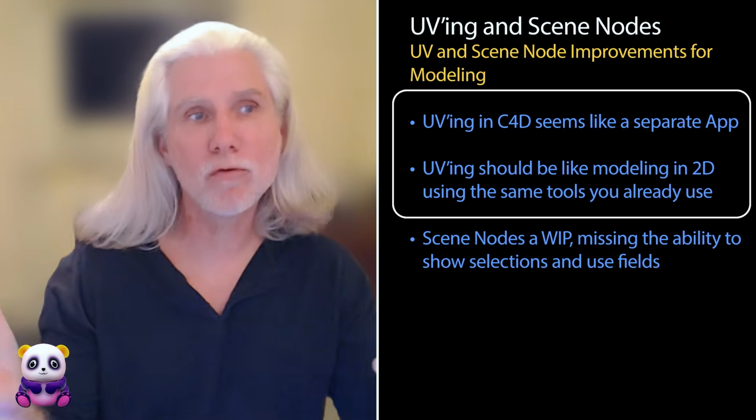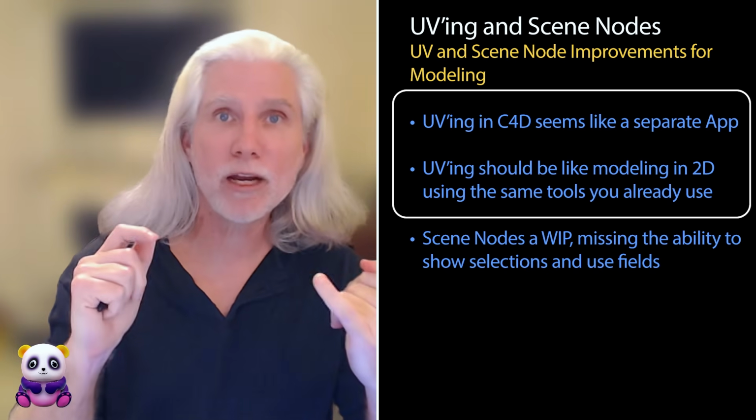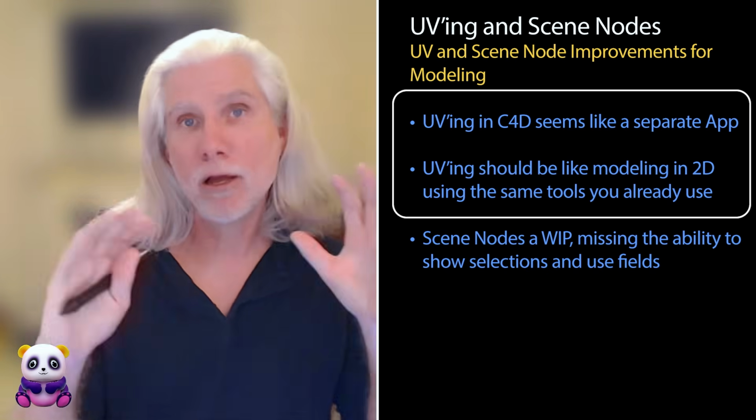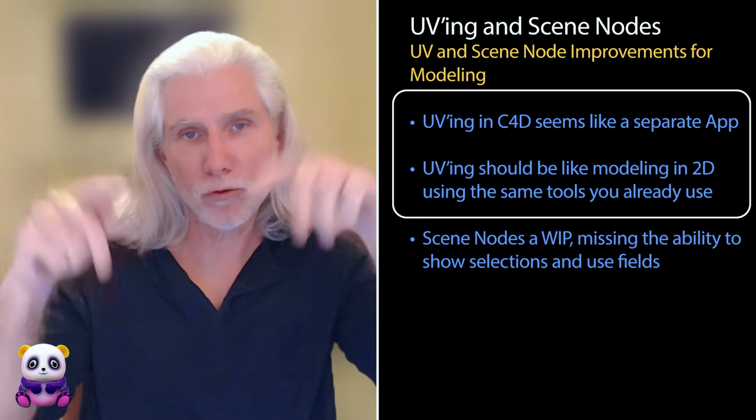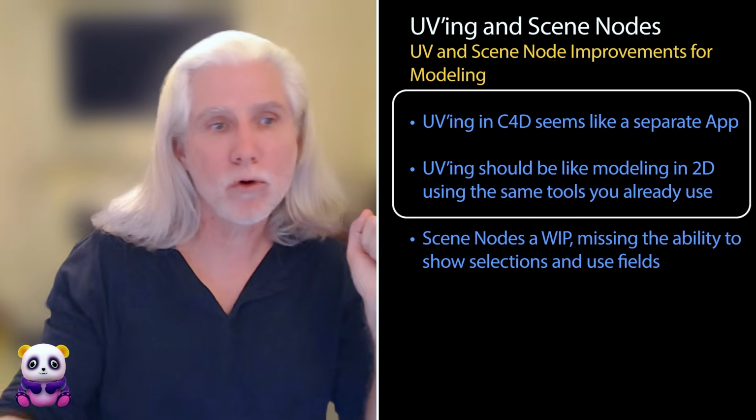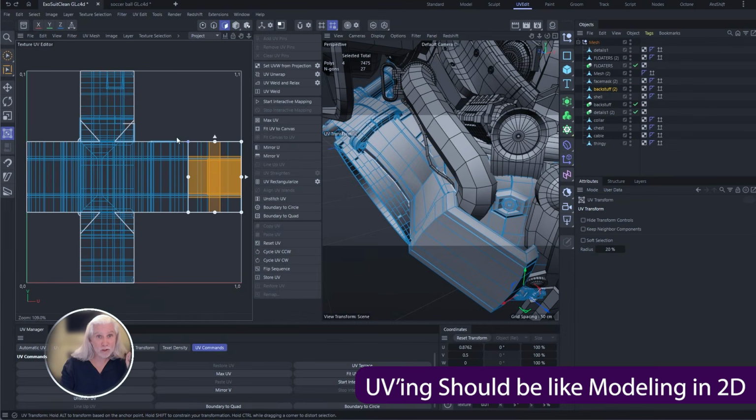And yes, you can use some UV specific tools. It has to have updated algorithms for unwrap and pack, of course. And the marquee is still the move, rotate, scale marquee tool in Cinema 4D. It's still a good tool, but I should be able to use all of my transform tools, all of my deform tools as well.